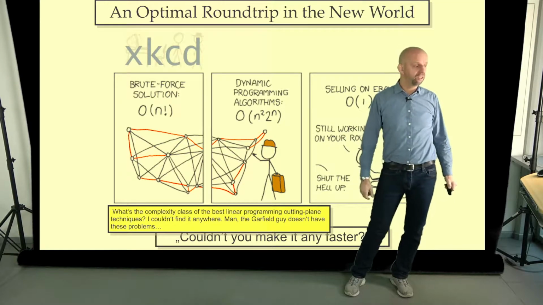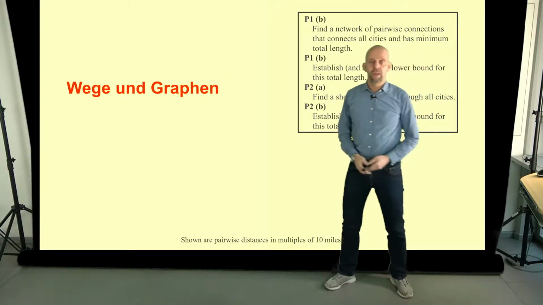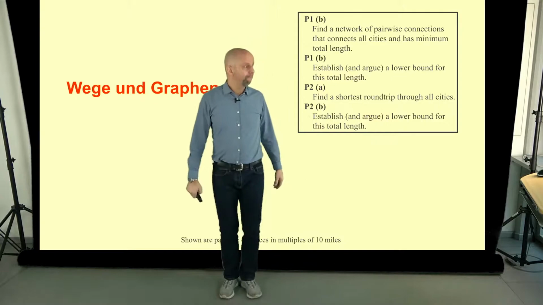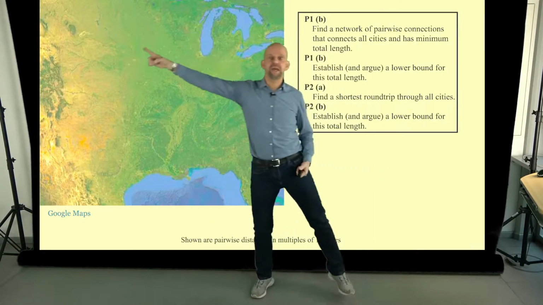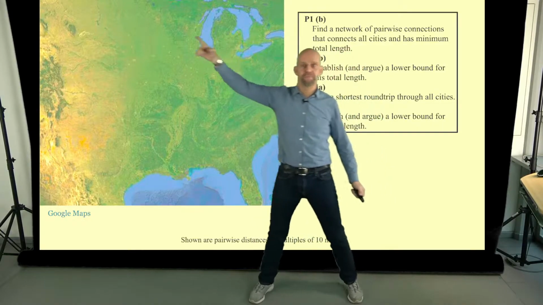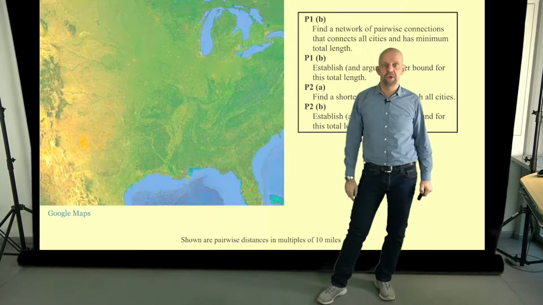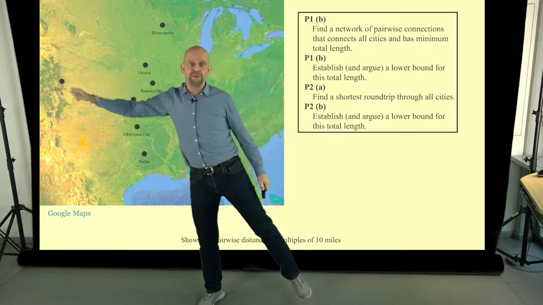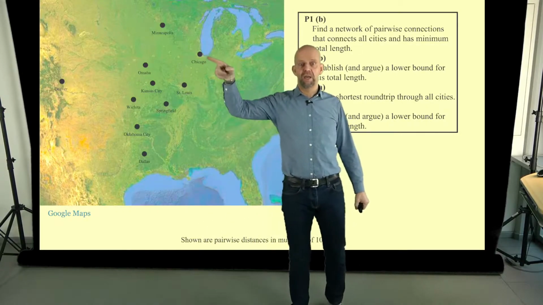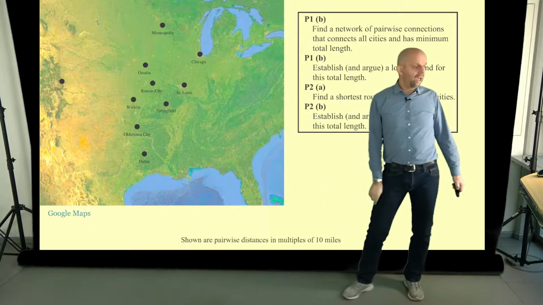Now, here are a few questions for you. So here's a little section of the continental US. And let me highlight 10 cities in the continental US. So there's Denver up there in the mountains, and of course that's Chicago, and down here, and so these 10 cities.